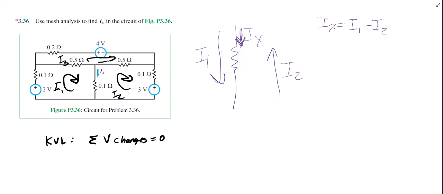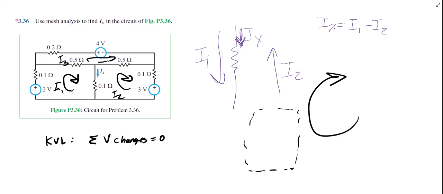So I'll have my loop, and I'll follow along that loop, along my branch, and if I come to a voltage source, so say this is my voltage source right here, and I'm going in this direction, when I come to my voltage source, if I go into the positive terminal, then I write that as a plus voltage.